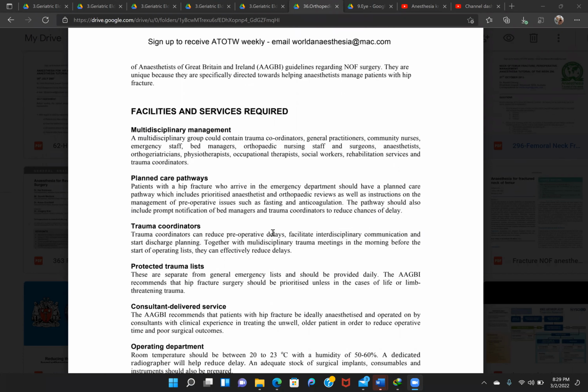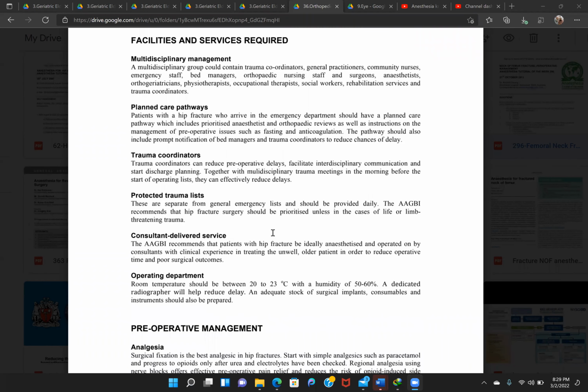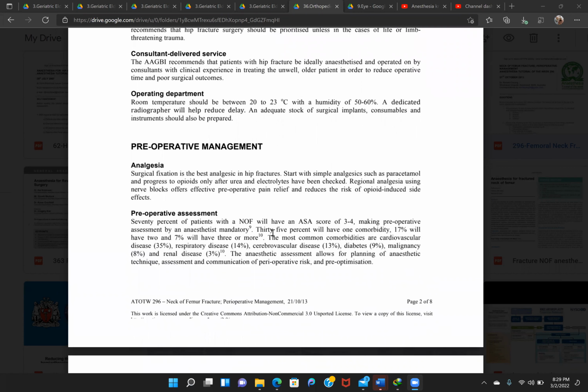So we started from the question: what was the cause of the fracture? Is there any underlying problem which led to the fall of the patient and then the subsequent fracture? So you have to consider that problem as well. And then you will be discussing with the surgeon what their plan is, what they are going to do. Then you will be doing the same assessment which you would do in any elderly patient.